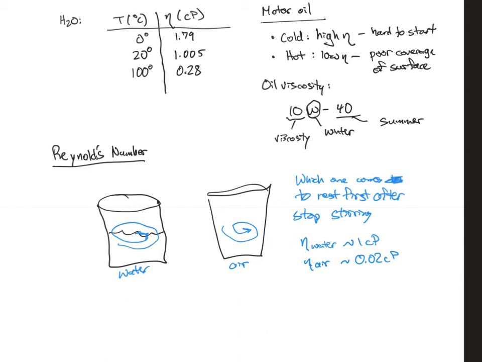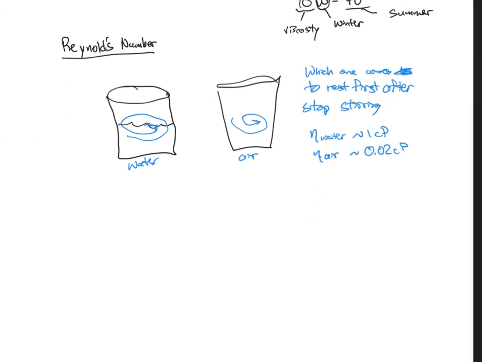On the other hand, the water also has higher density and therefore higher momentum, and so that would tend to make it continue to circulate longer. So to think about this, we're going to define the Reynolds number. And the Reynolds number is something that is used to treat things semi-quantitatively and to decide what regime of flow you are in.